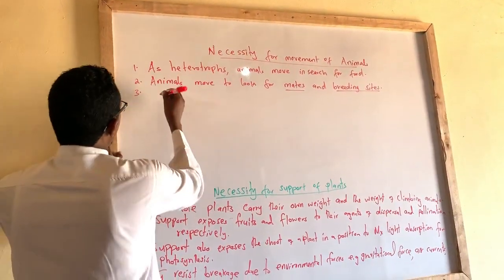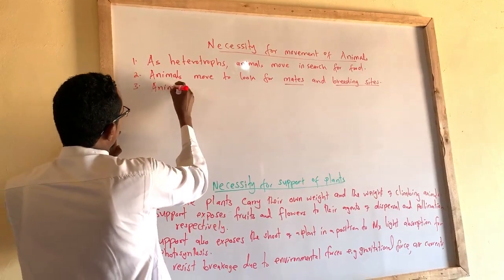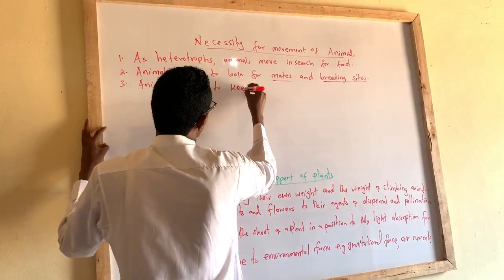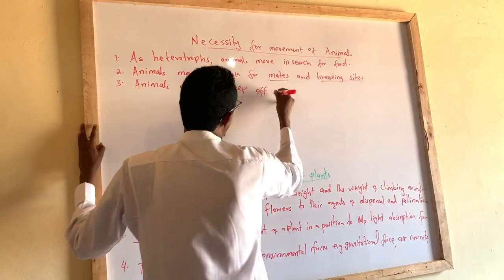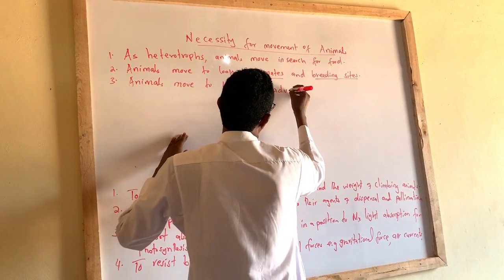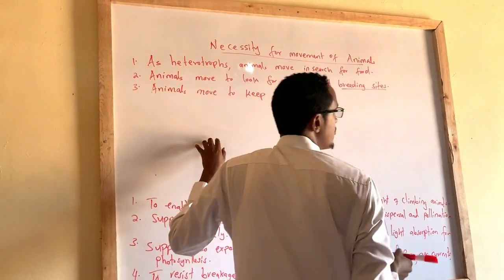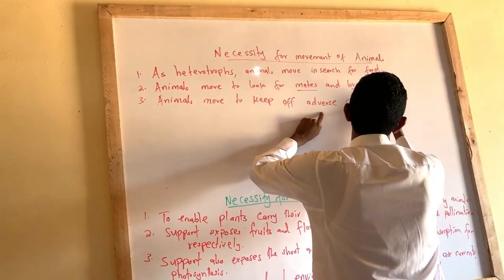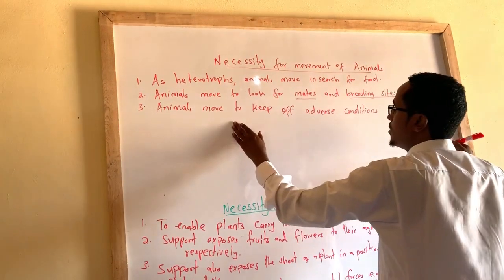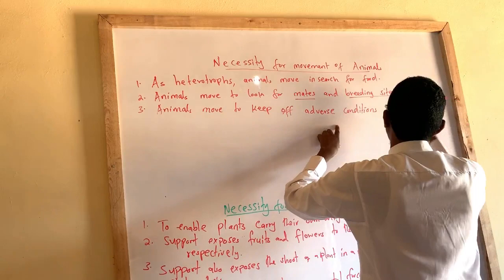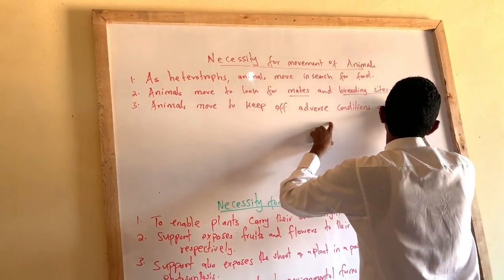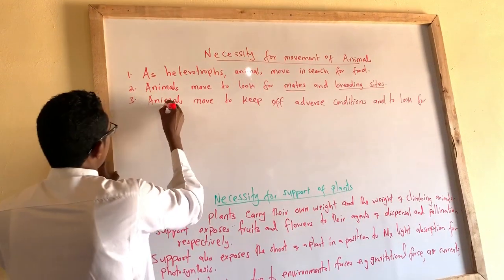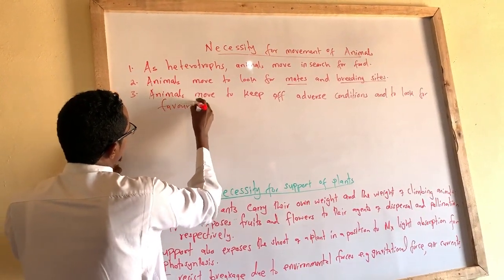Number 3, animals move in order to keep off adverse conditions, to move away from adverse environmental conditions, and to look for favorable conditions.